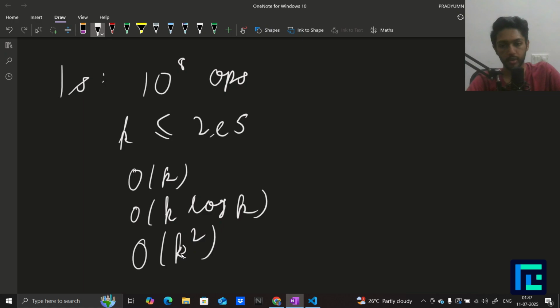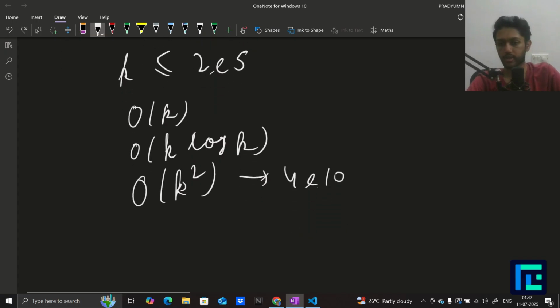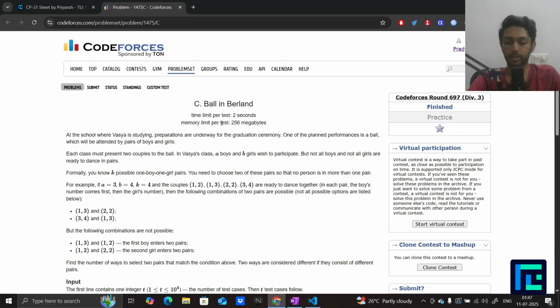Not O of k square, because k square will pass this 10 to the power 8 limit. It will be 4e10, so it will take too much time to run. So yeah, you can pause the video now and try to solve this problem by yourself.